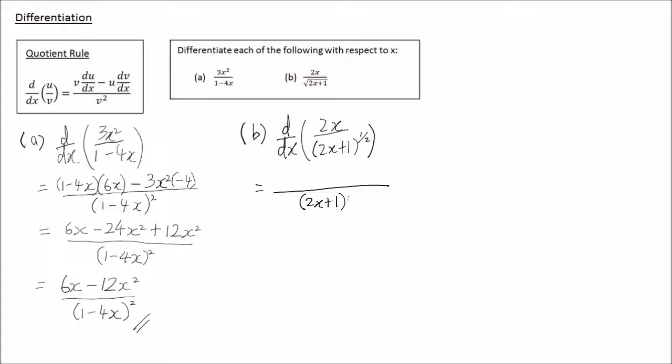It's not necessary to write the 1 outside the bracket. Next, we write down the denominator here at the top. So we write down 2x plus 1 raised to the power half, and we differentiate the numerator as shown here. 2x when differentiated will give us 2.